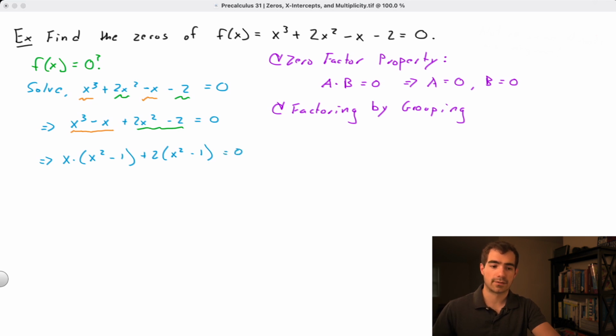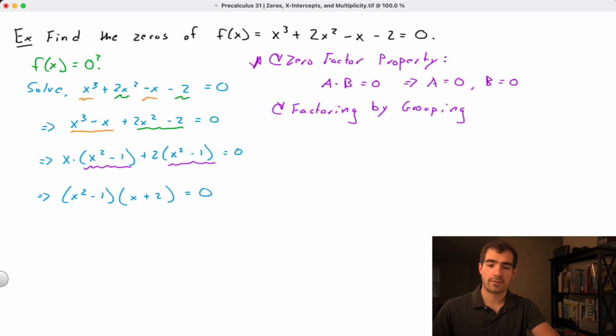Now that we've factored those groups, we can recognize that this product and this product both share a factor of x squared minus 1, and so we can factor that out further from our expression, giving us x squared minus 1 times what remains here, which is x, plus what remains here, which is 2. And so we have the quantity x squared minus 1 times the quantity x plus 2.